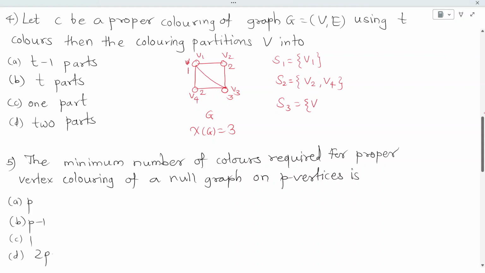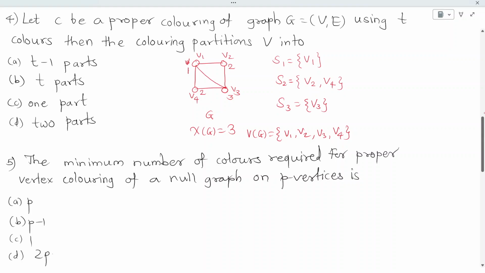There is a single vertex with color 3. So the vertex set of graph G is V1, V2, V3 and V4, and it is partitioned into 3 parts, and it has chromatic number also 3.